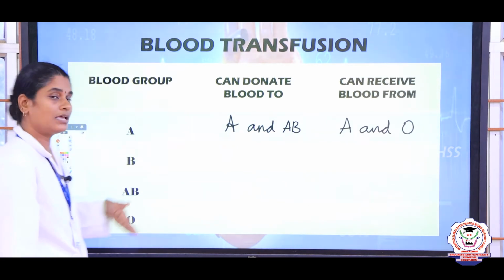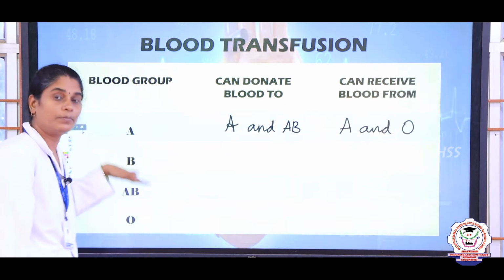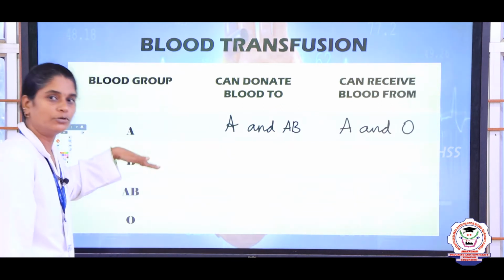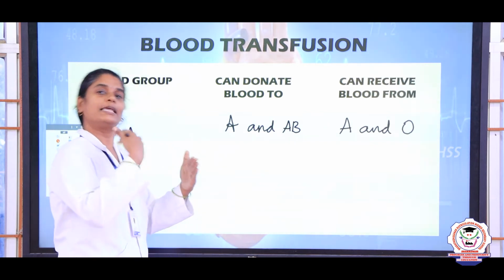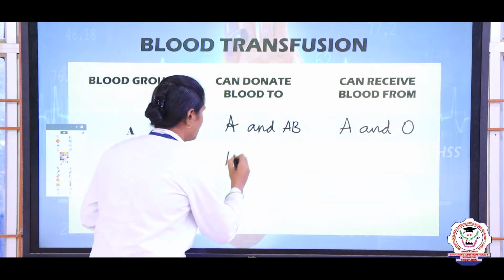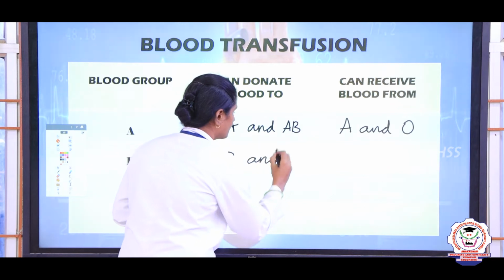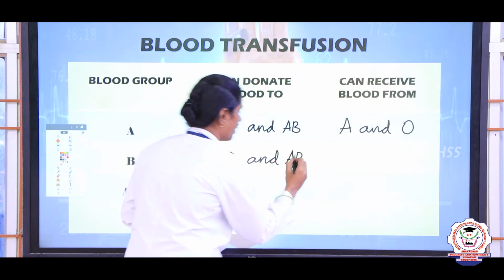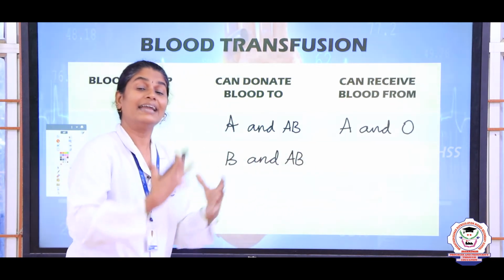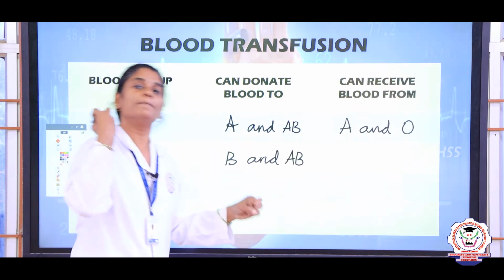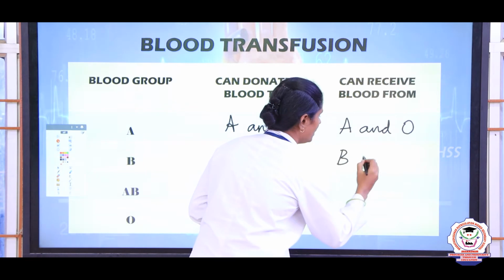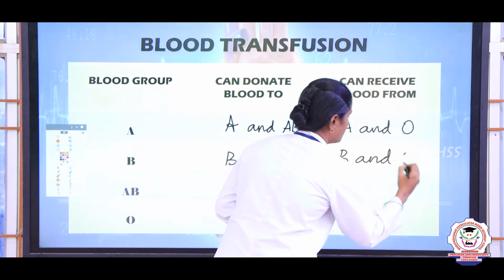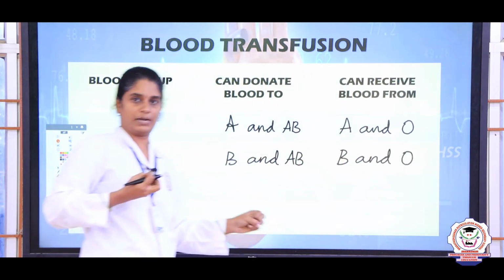Next, we will see about the B blood group. The person who has B blood group can donate blood only to the B blood group as well as the AB blood group, okay. The same way, he can receive blood from the B blood group and O blood group, right.